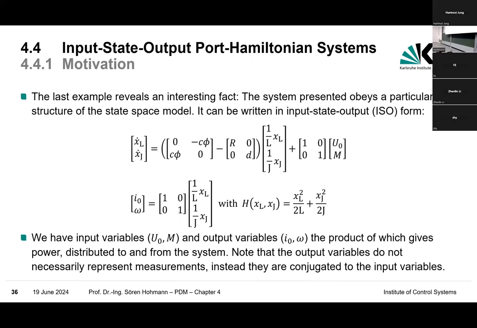So in the general state-space system, input and output do not always relate to power, but for all port-Hamiltonian systems it's the case, and it's something we should respect further.